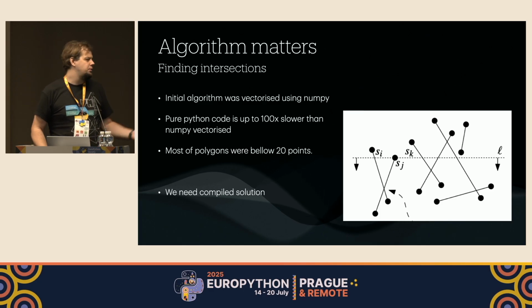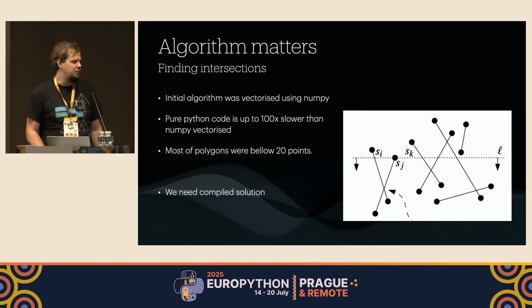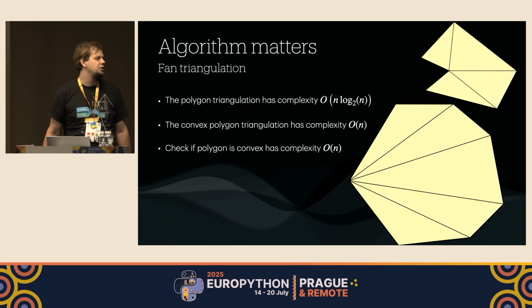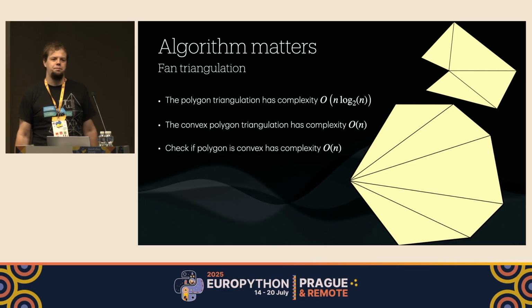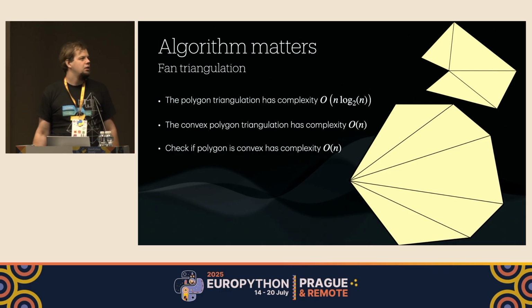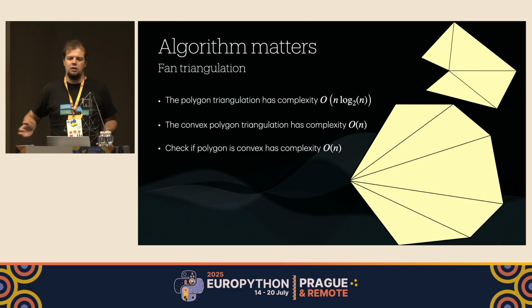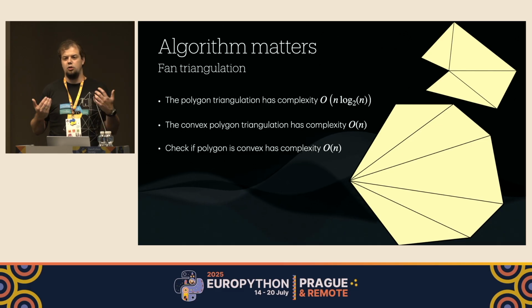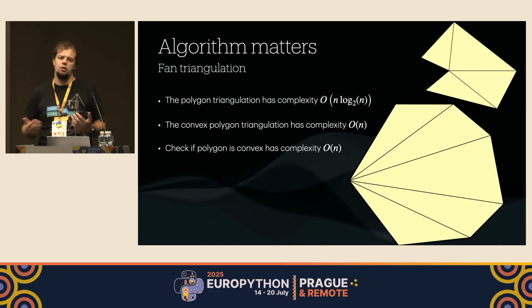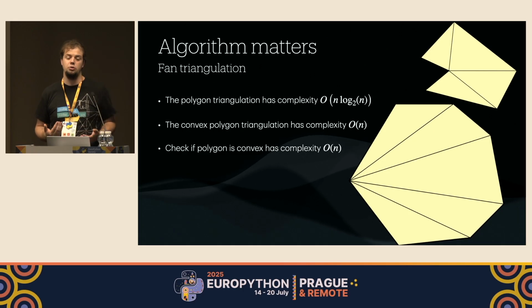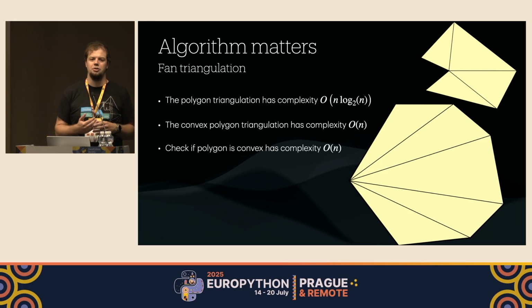So okay, we found that we need a complete solution, but maybe first special edge cases. There is a proof that you cannot triangulate a normal polygon faster than n log n. No one has shown an algorithm which is faster than n log n for triangulation.